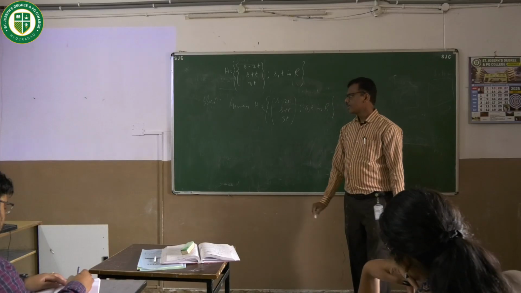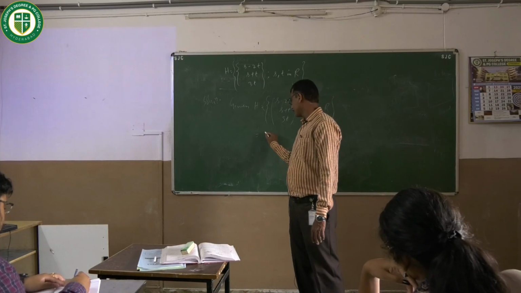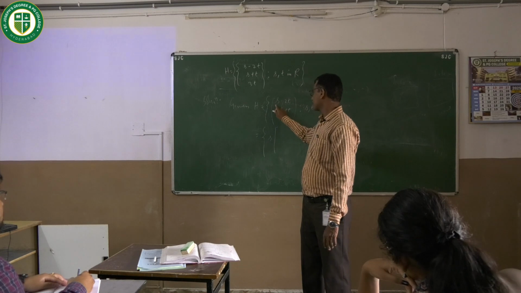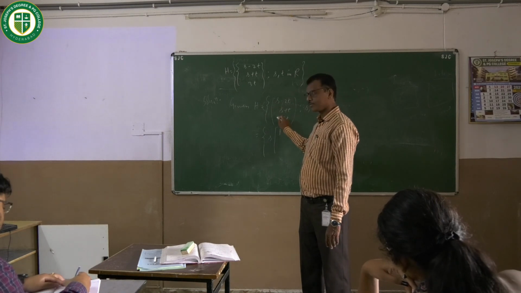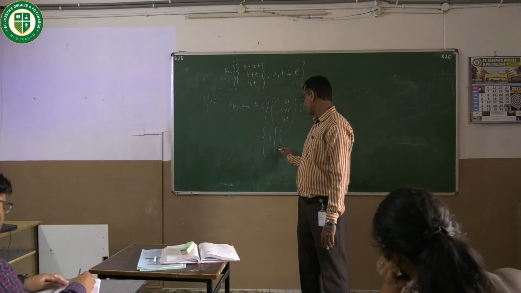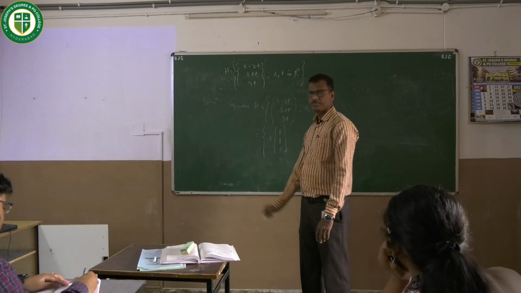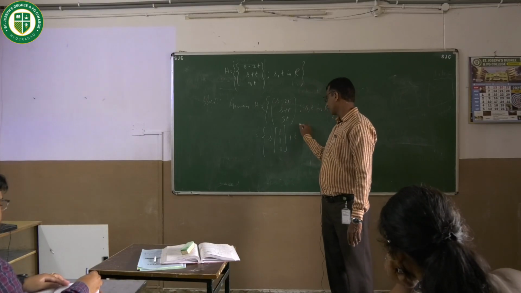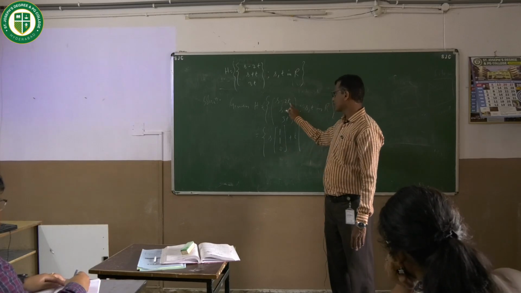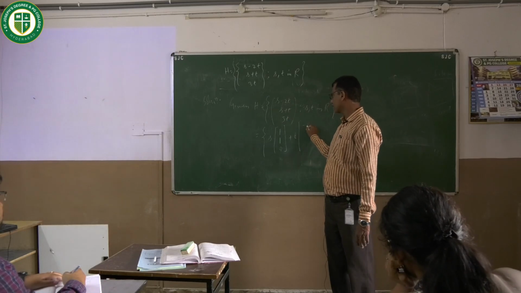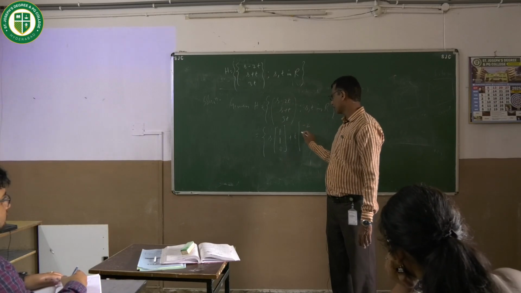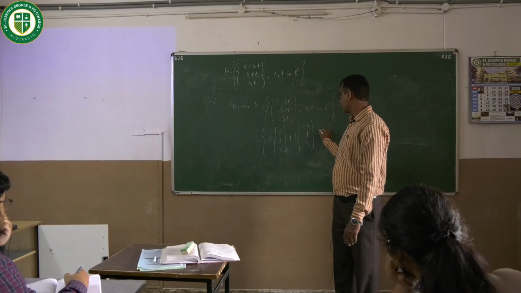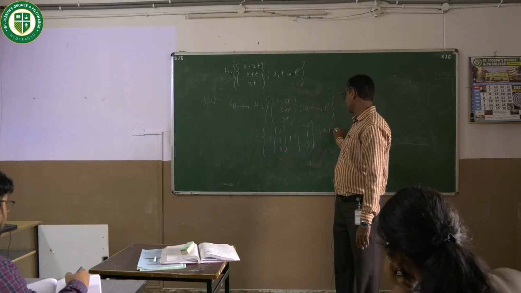You take s common in the column way. The s coefficient is 1, here the s coefficient is 1, here there is no s, so 0. Plus, again take t common. The t coefficients are minus 2, 1 and 3, such that s, t in R.